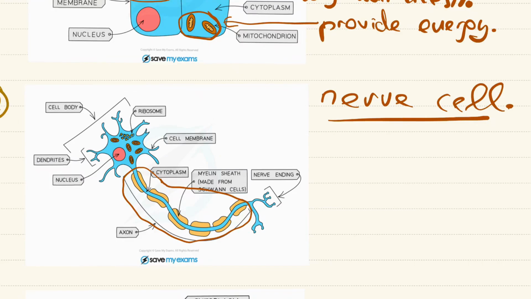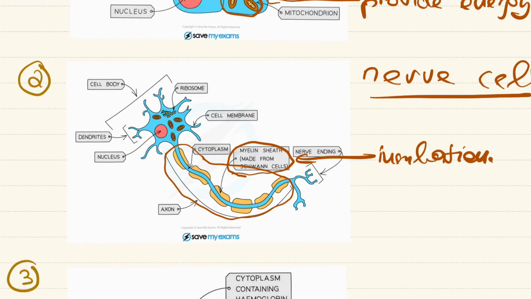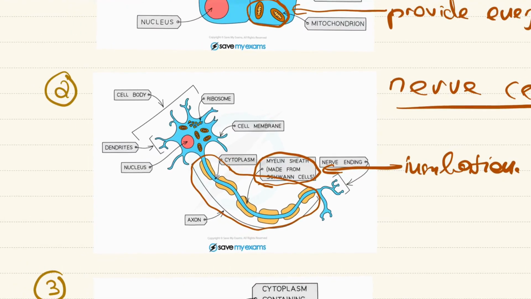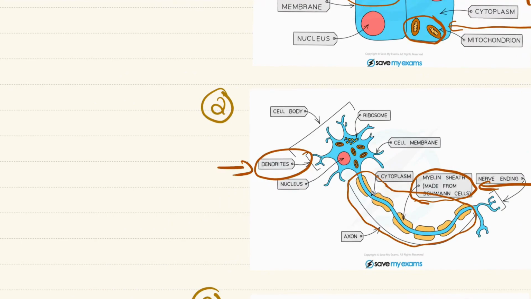So it is specialized as a long structure. The second adaptation is that it has myelin sheaths, which are for insulation, and it also has dendrites, which are for connecting with other neurons.